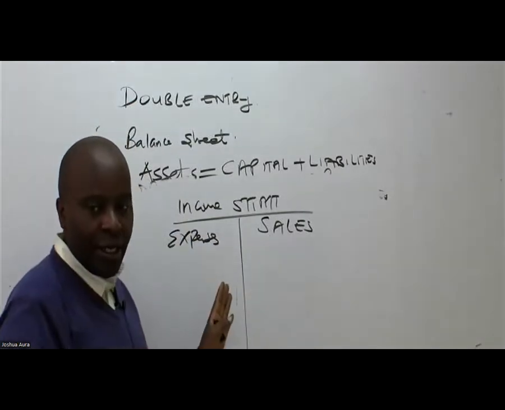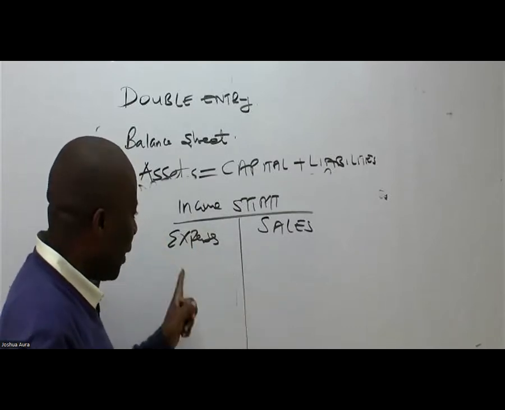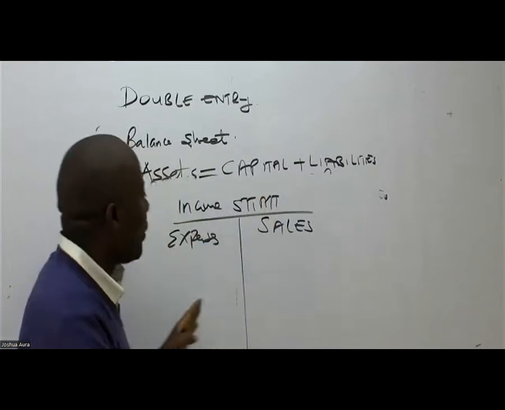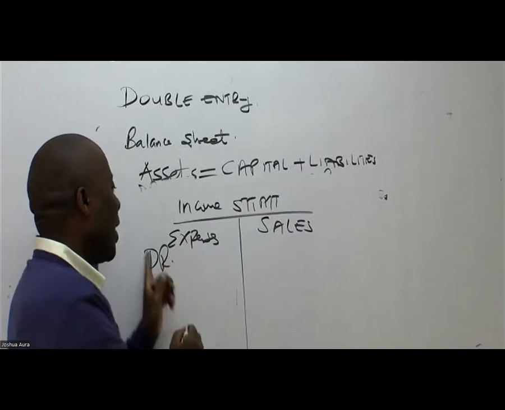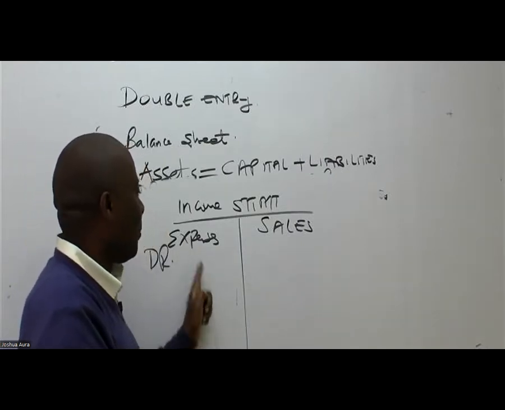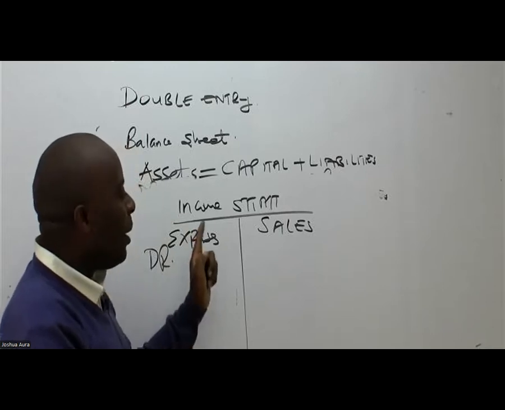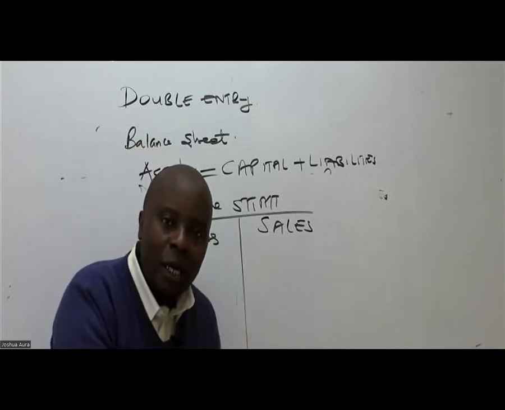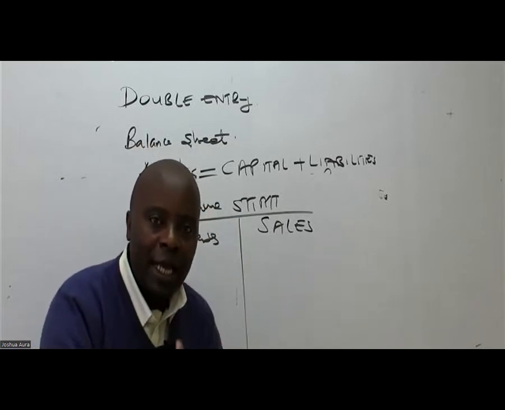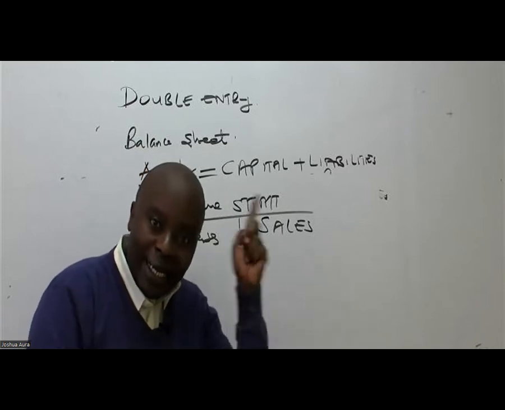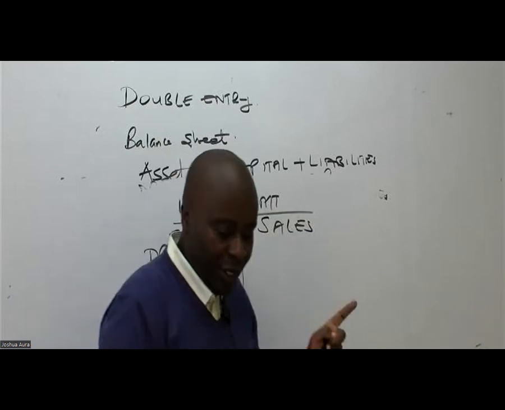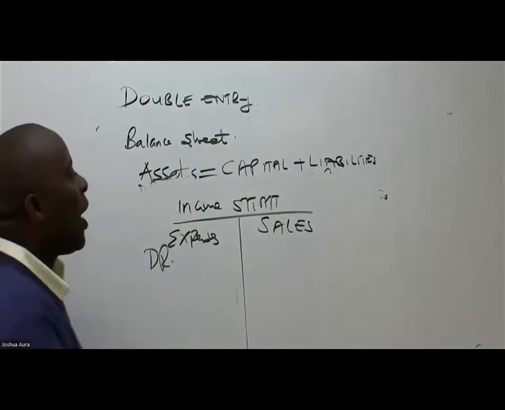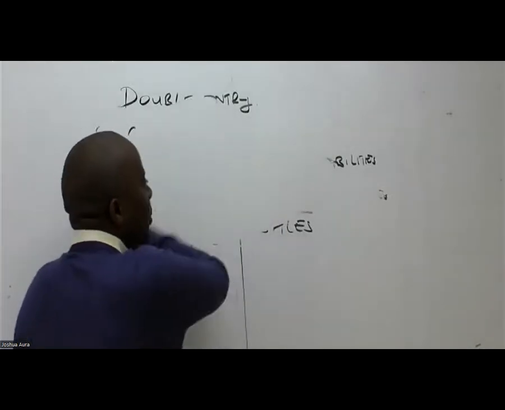Whenever expenses increase or whenever we incur them, we debit them. Sales and the other incomes, whenever they come to the company, we shall be crediting their accounts. It may not make sense right now, but as we progress, you will really appreciate what I'm talking about.